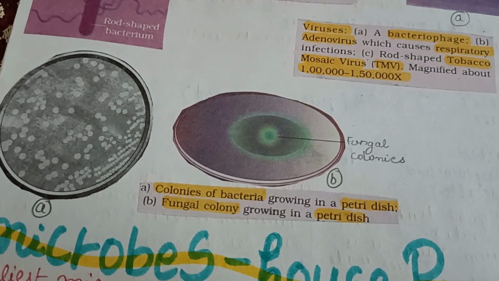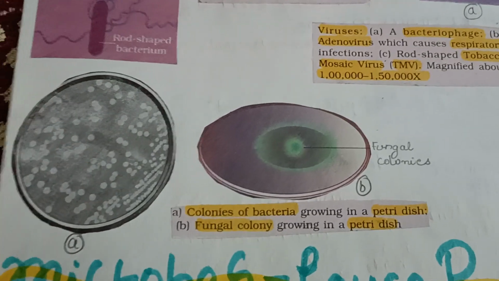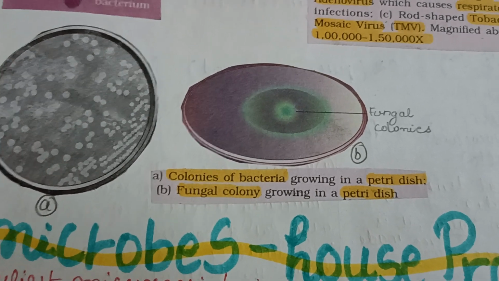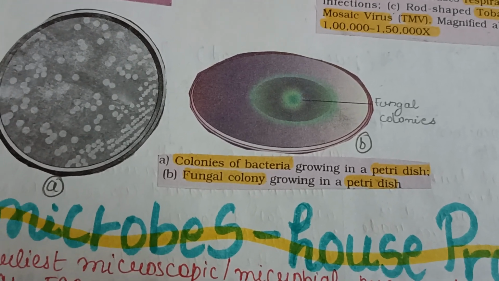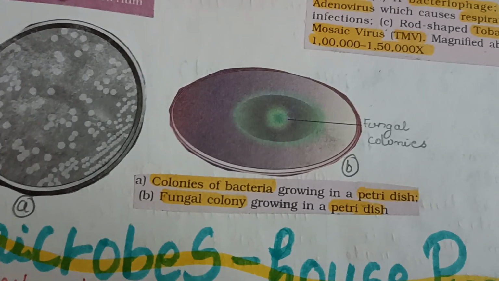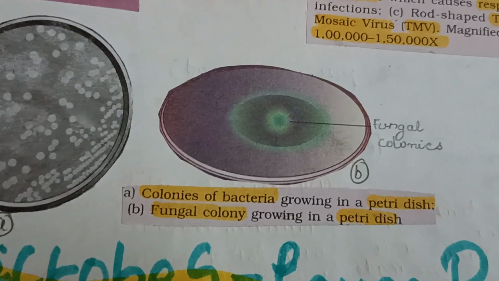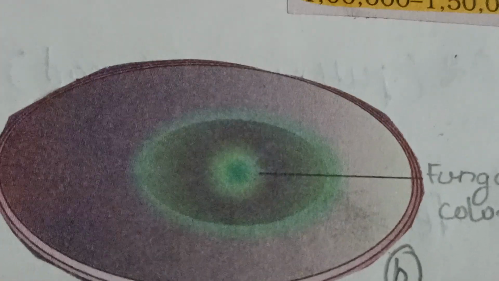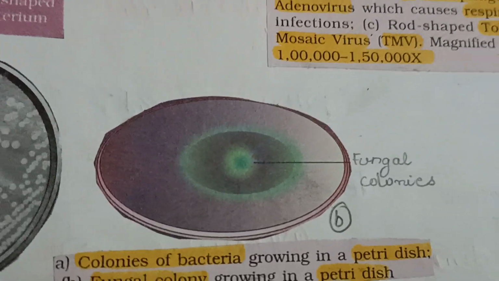The A part is the image of bacteria growing in a petri dish. Petri dish is a nutritive media or a culture dish, we can say. Okay, and then these are the fungal colonies growing on the petri dish.